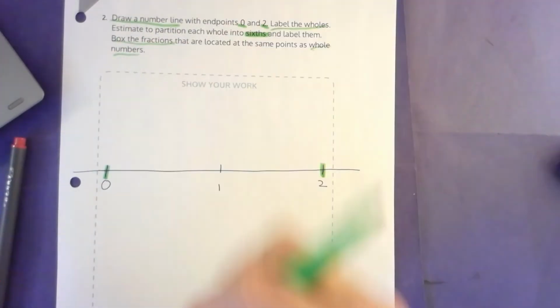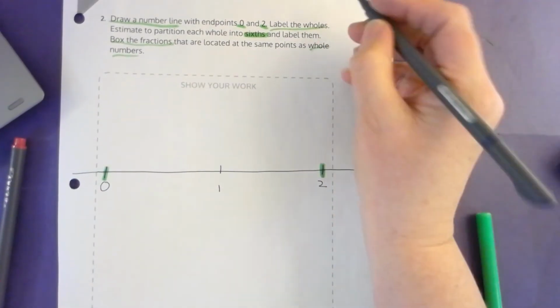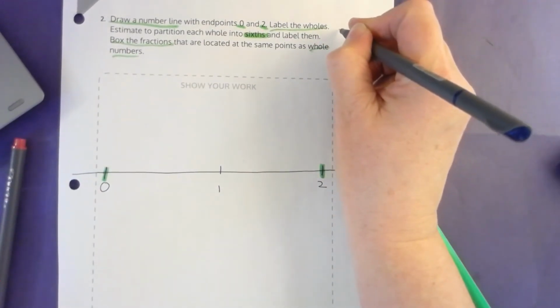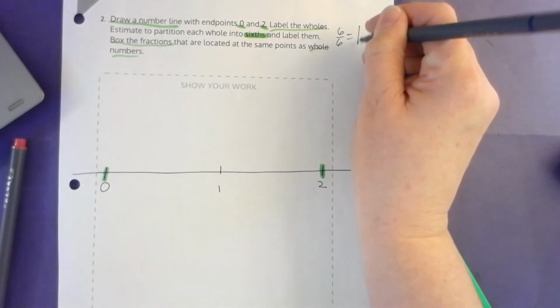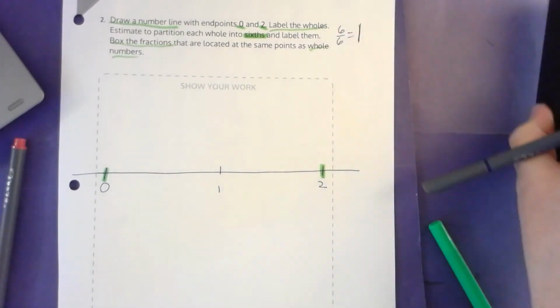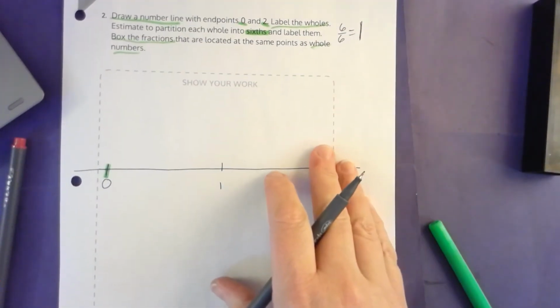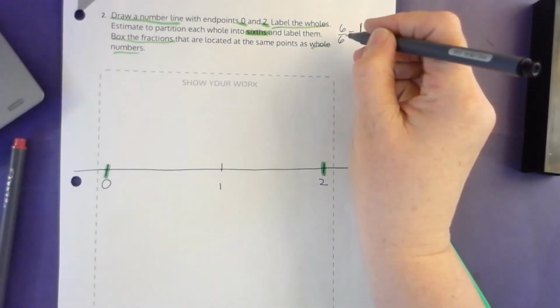Okay. Alright, so it said sixths right here. So I know that right away I need to write 6 over 6. And that's 1 whole unit. Or one of these. 6 over 6. Okay? Alright, so how do I know how many lines to make?